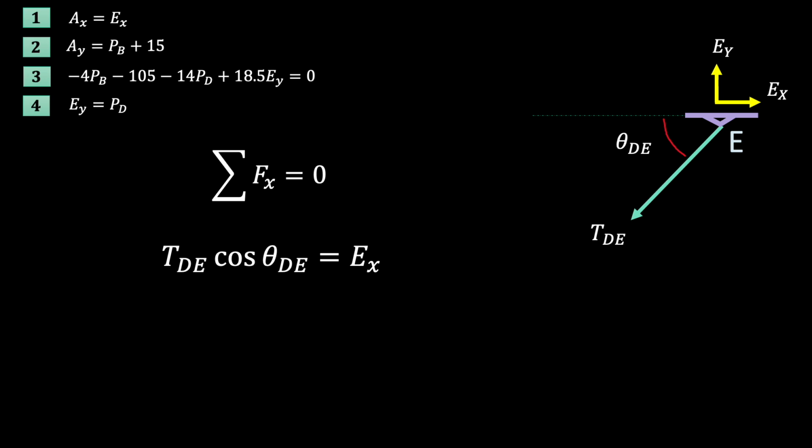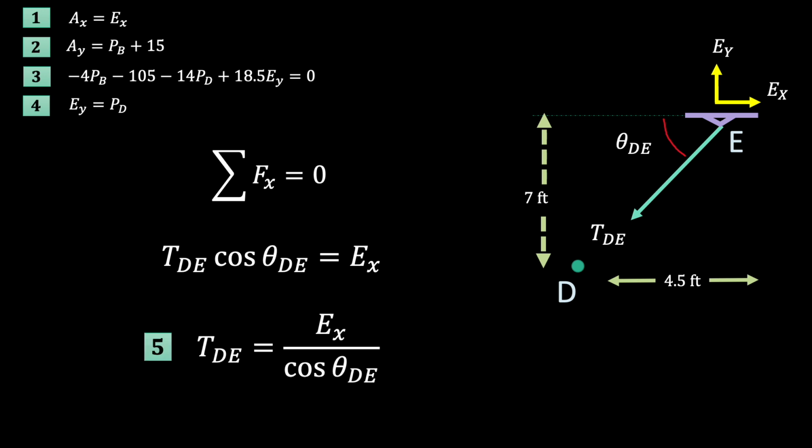To keep this joint still, the x component of the tension in segment DE must be equal and opposite to EX. Since all the dimensions in our cable system are known, we can figure out the angle theta if we want to. So we can treat it as a known. That means that TDE can be written in terms of EX. Ta-da!